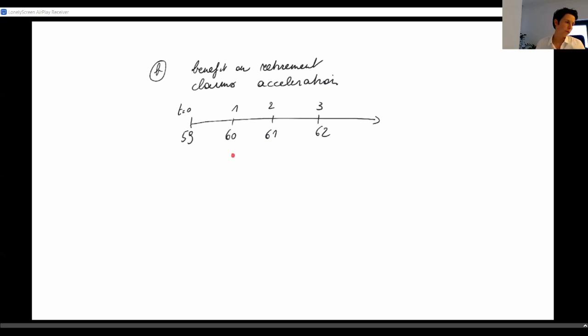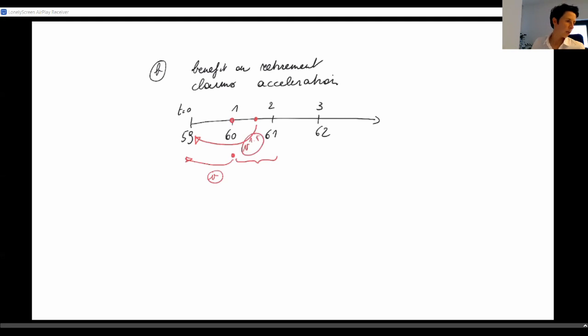So of course, if I have exact age 60 and I need to discount, that would be with a discount factor of v. Then I can retire in between 60 and 61. And if I would retire between age 60 and 61, then the benefit would be paid halfway through the year. So here I need to discount with a v to the power of 1.5.